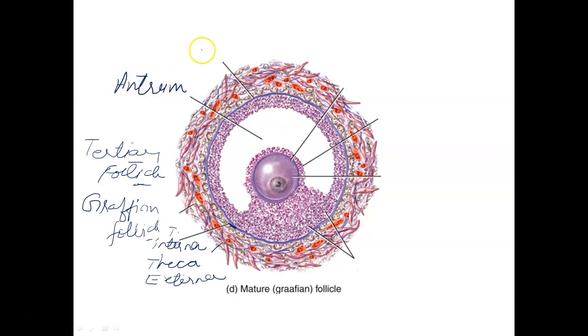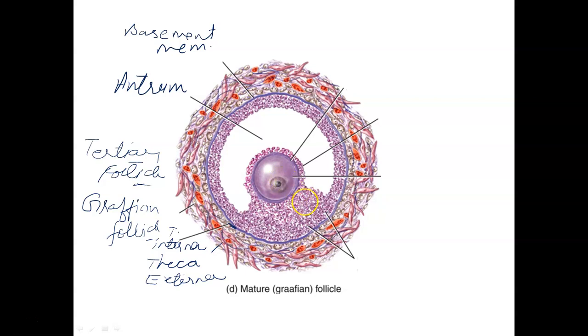Now this layer is actually the basement membrane. Then this antrum is present at the one anterior end, and at the next end the secondary oocyte is present.